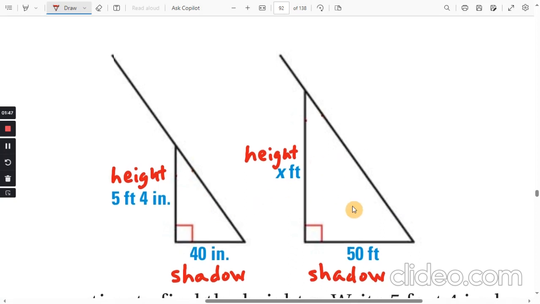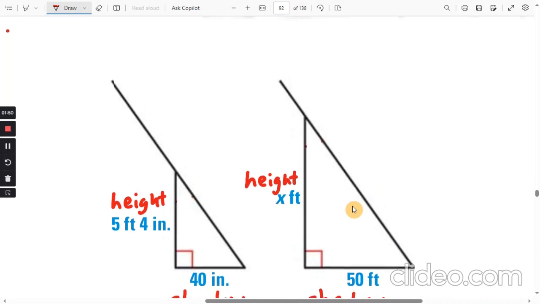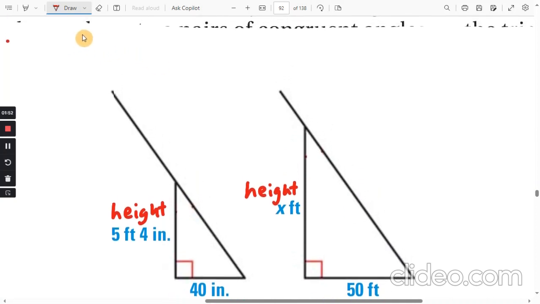And you have to imagine in the background, far, far away, that the sun is shining in the background, far, far away. And as a result, the sun's ray projects onto the woman at the same angle that the sun's ray projects onto the flagpole. So as a result, this angle is going to be congruent to this angle right here.